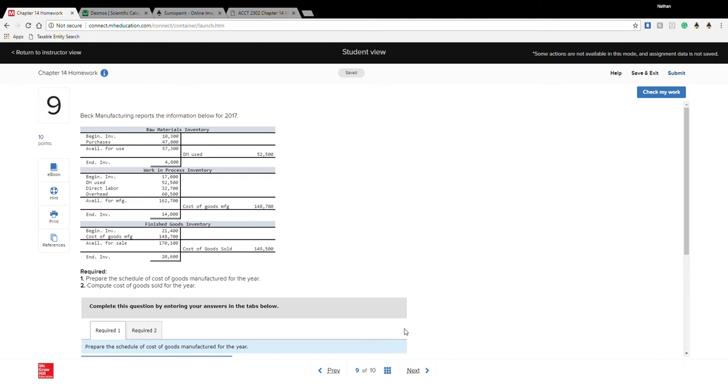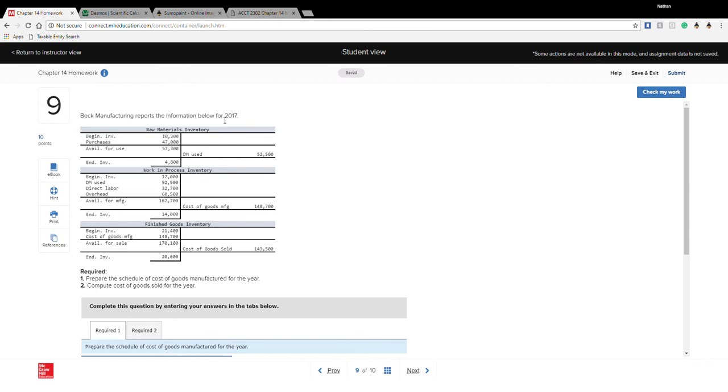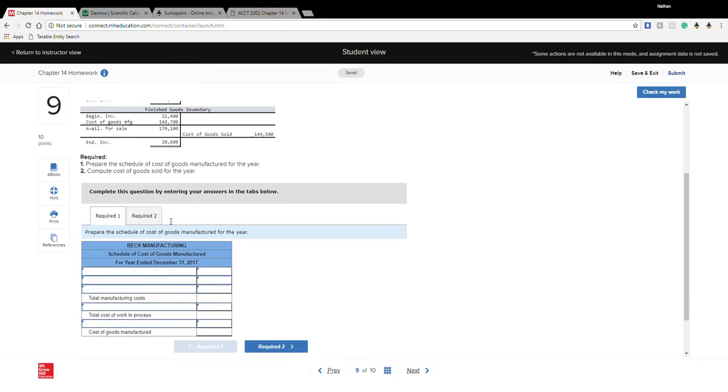Alright, so question number 9 is doing pretty much the same thing as question 8, except it gives us T-charts, which helps us out. Again, you can take it from raw materials for your direct materials, because again we're doing the big 3, or you can just use it from work in progress, because work in process actually helps out because it already has all our big 3.